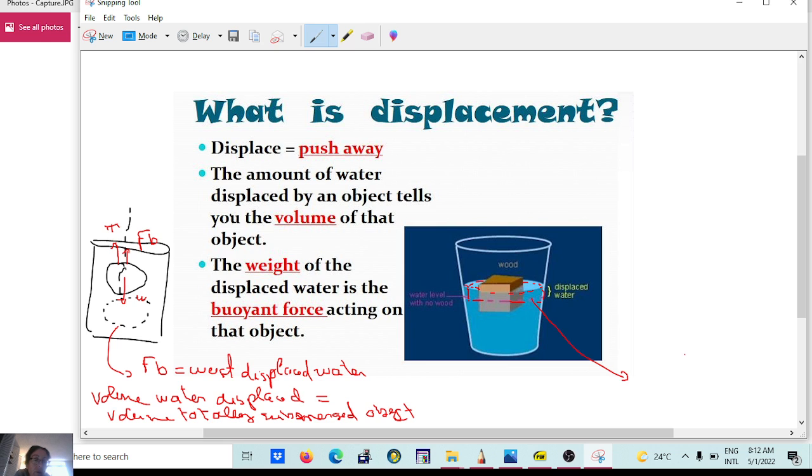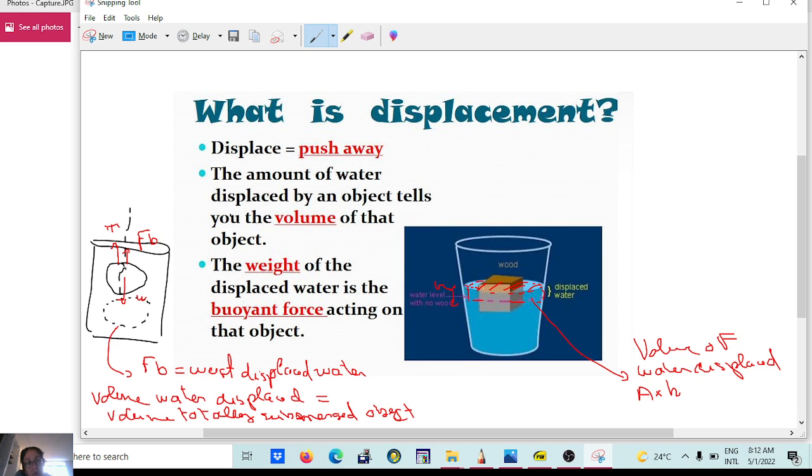So if you have the area A here, a circle, times that small h here, that will be the volume of the water displaced.